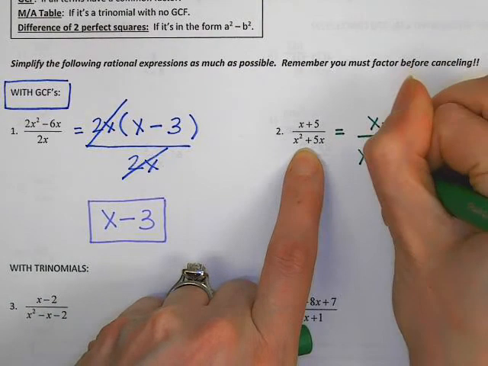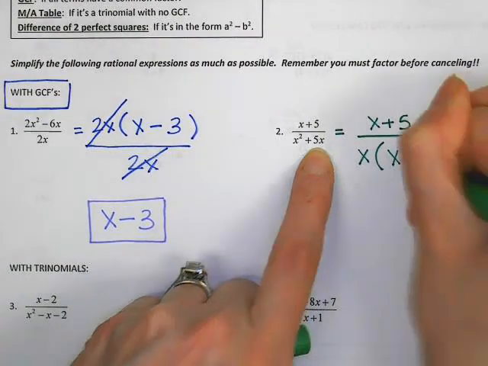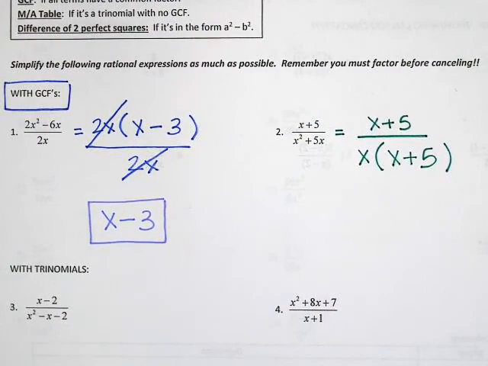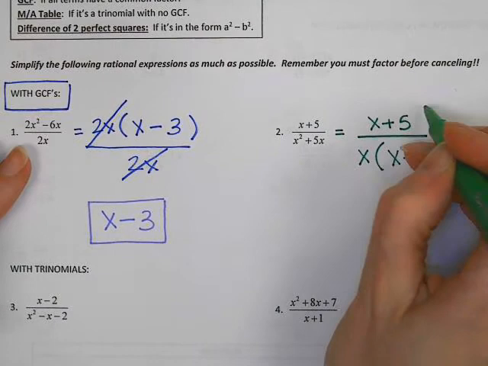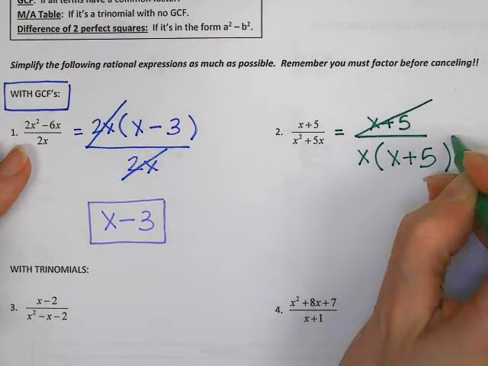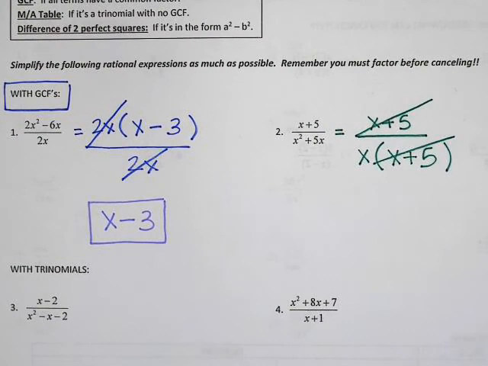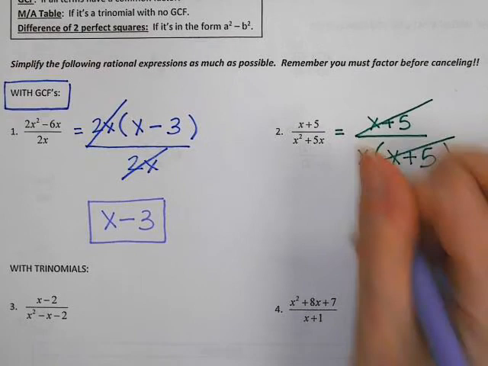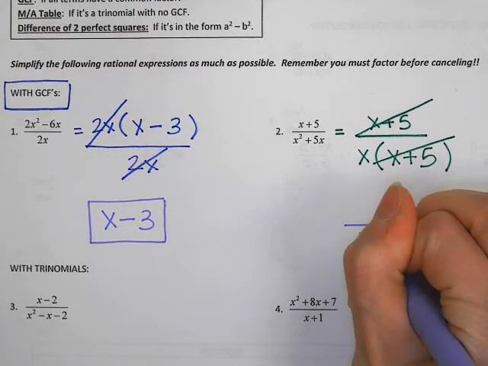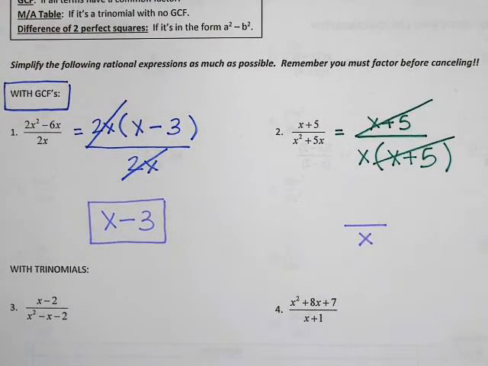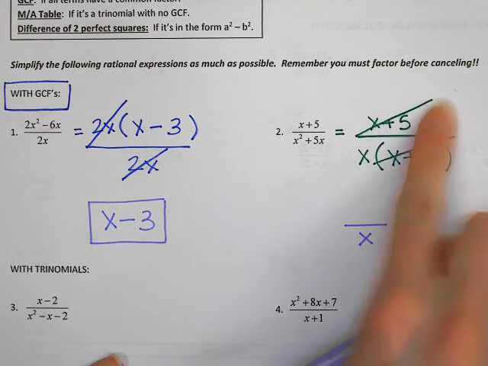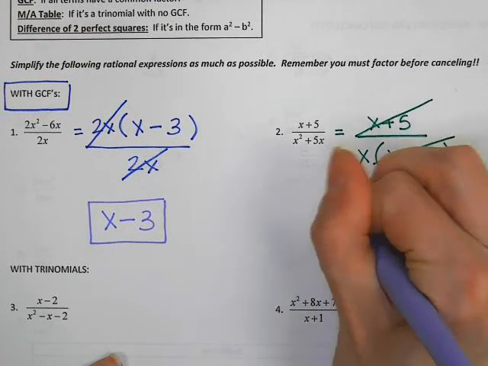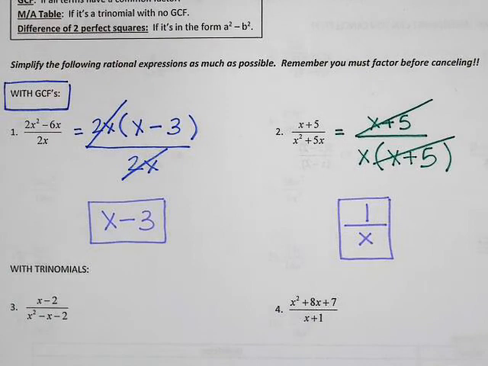And it's 1x plus 5. Okay, what cancels? The x plus 5 and the x plus 5. And then whatever's left is your final answer. Now, something that people get wrong, be careful. The x is actually in the denominator. So that means that nothing's left in top, so you put a 1. So this is 1 over x.